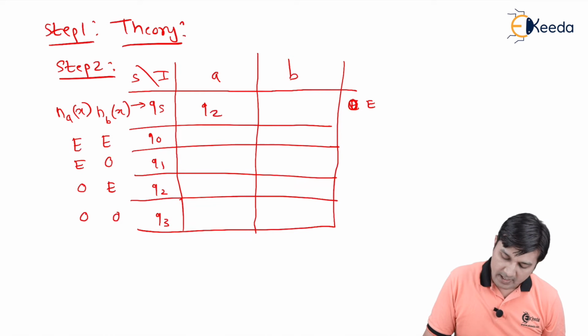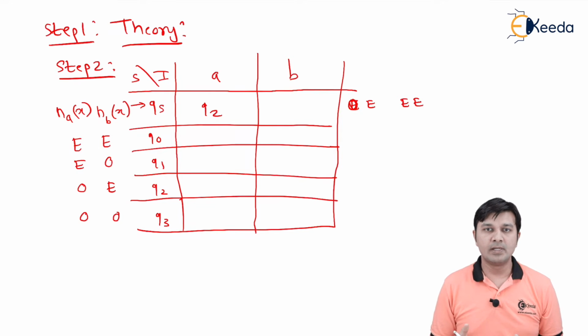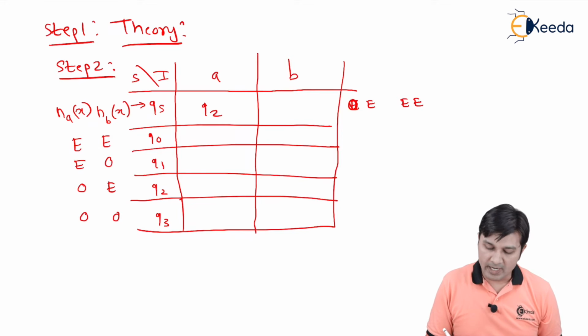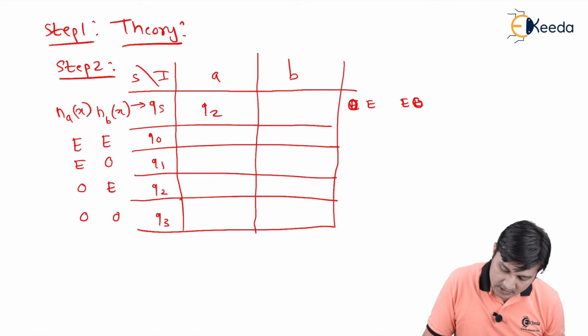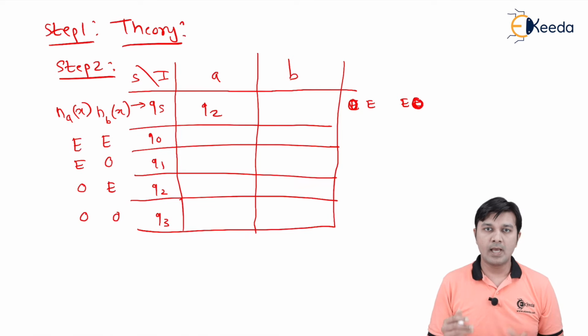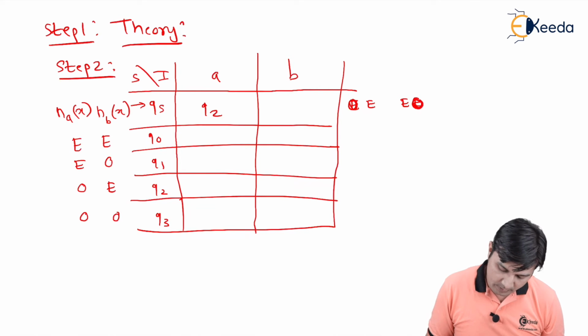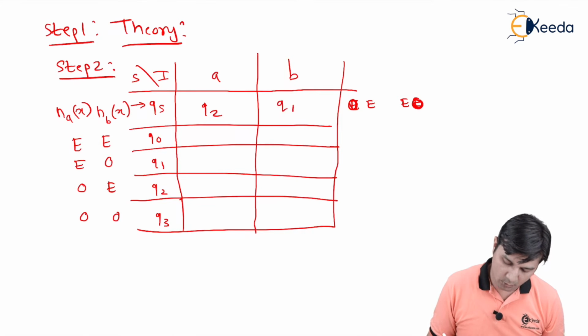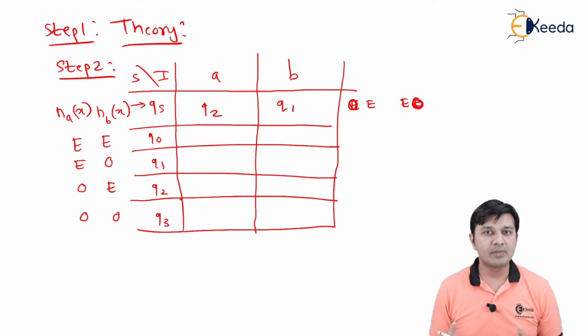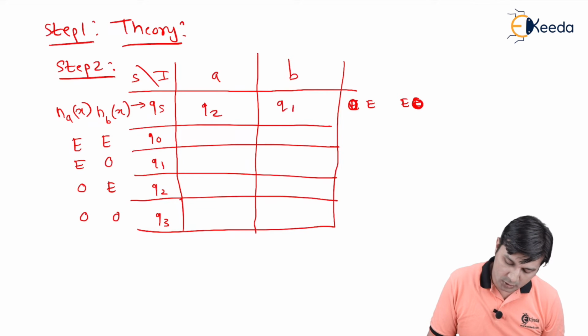Similarly, I come back to my start state where no a's and no b's are available, that is even-even, and a b comes across, so that will change even-even to even-odd, and even-odd is nothing but my state Q1, and the same thing will be repeated for Q0.